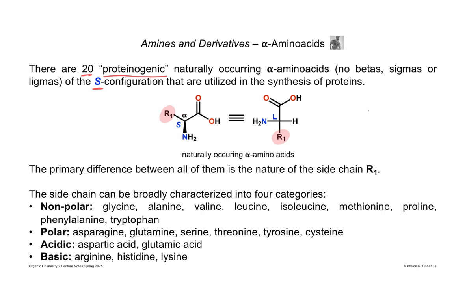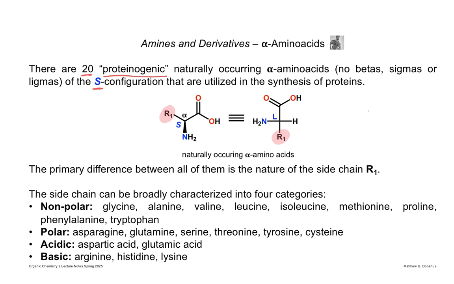And as we saw, I think at the tail end of organic 1, a way to represent stereochemistry is to use the Fischer projection. And what this is, sort of like a cross notation.